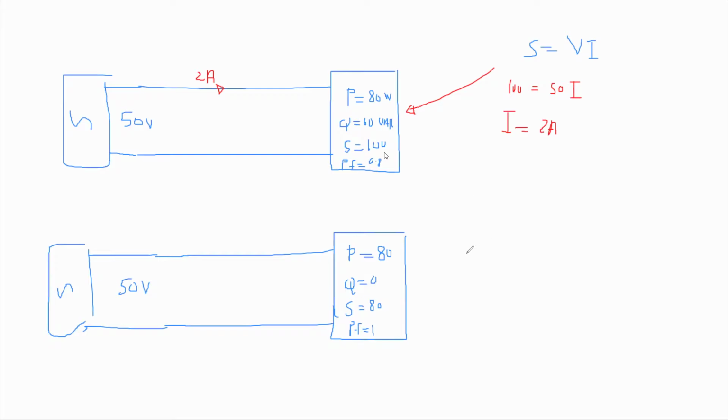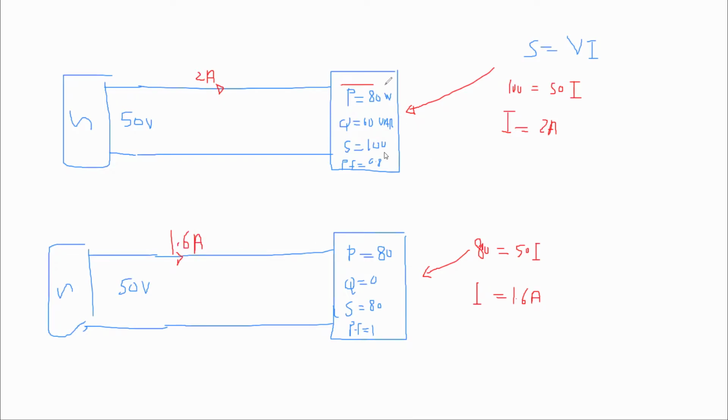Now for the second one, S is 80, voltage is 50, I in this case will be 80 divided by 50, 1.6 ampere. Current coming 1.6 ampere.